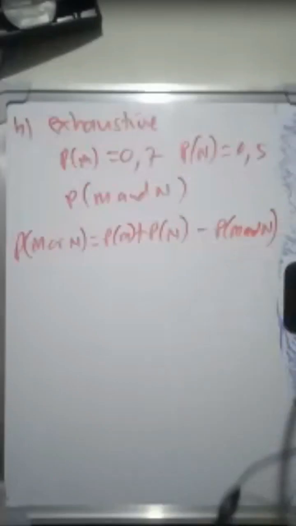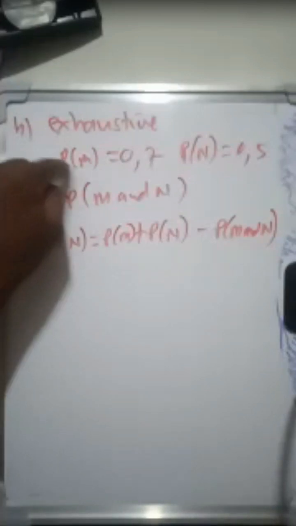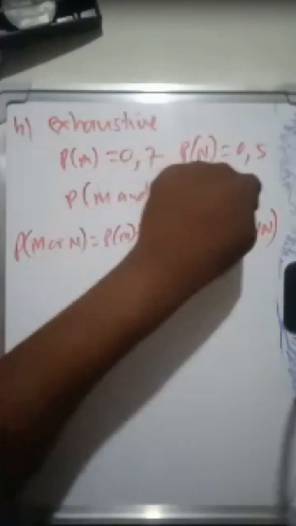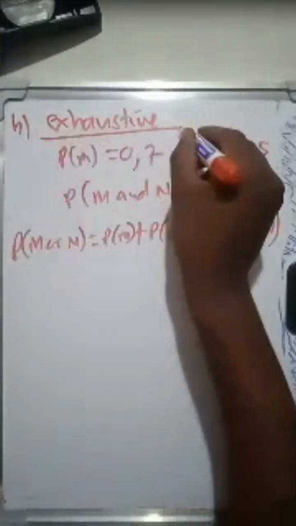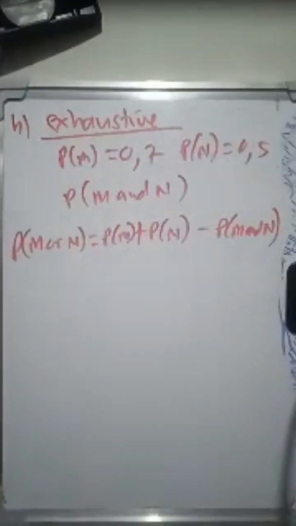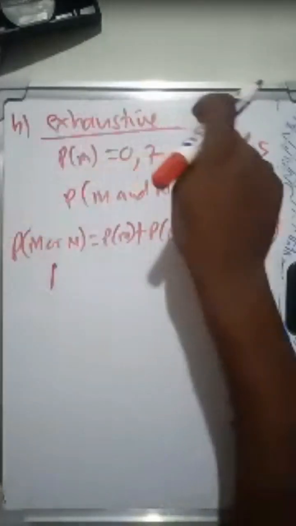But what is the probability of M or N? Because we are only given probability of M and also probability of N. The keyword is these are exhaustive events. So what is probability of M or N?